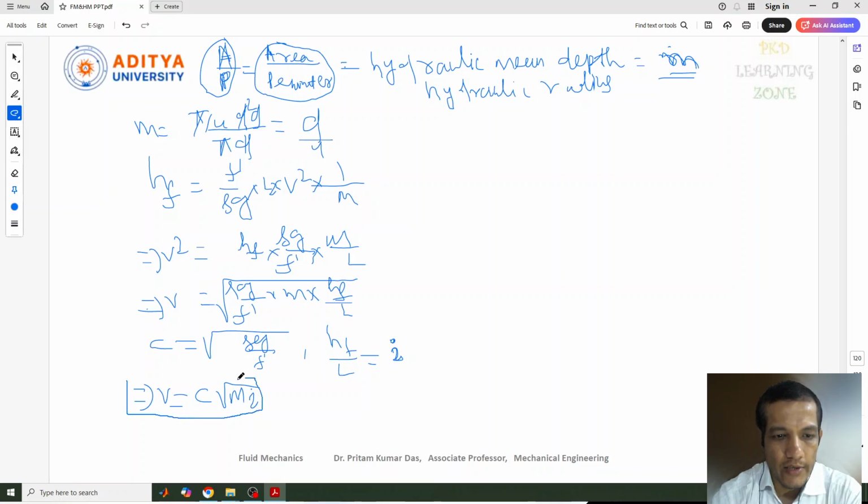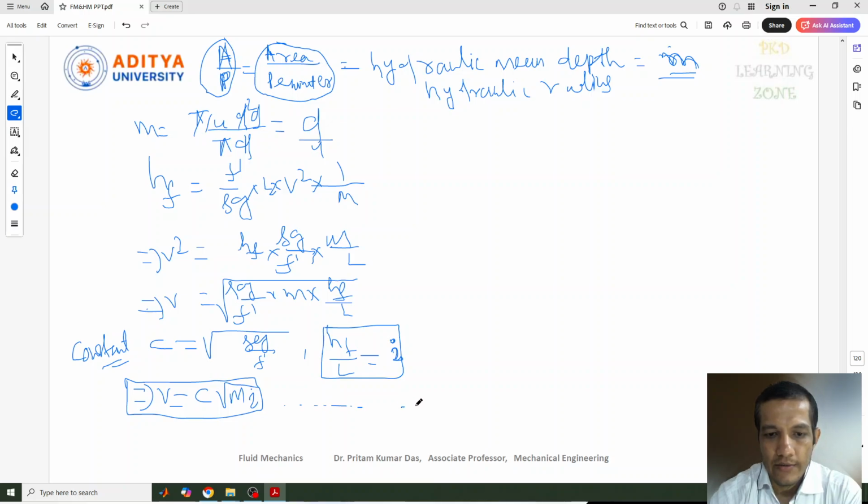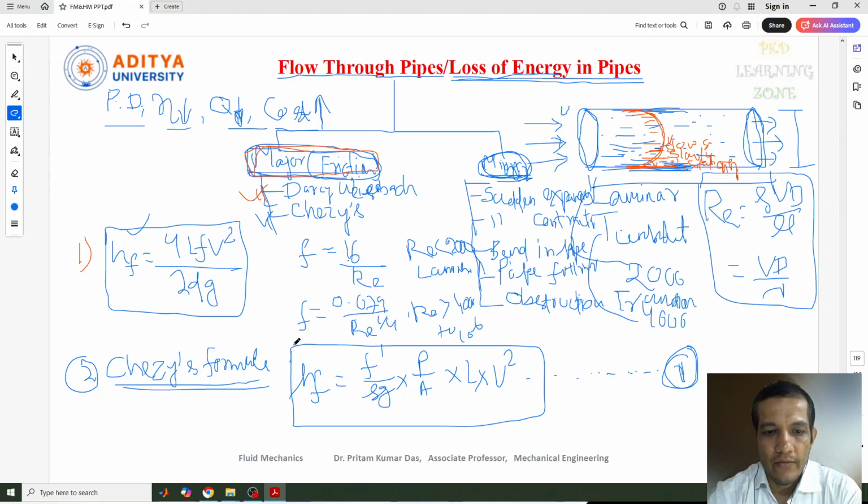So this equation is our final equation for Chezy's formula: v equals C root over of m i, where C is Chezy's constant, m is the hydraulic mean depth, and i is the head loss per unit length. These things we have taken from the previous derivations where we started.